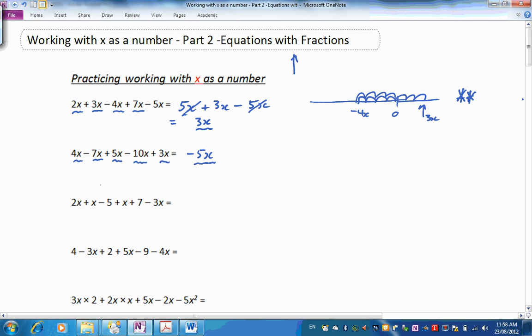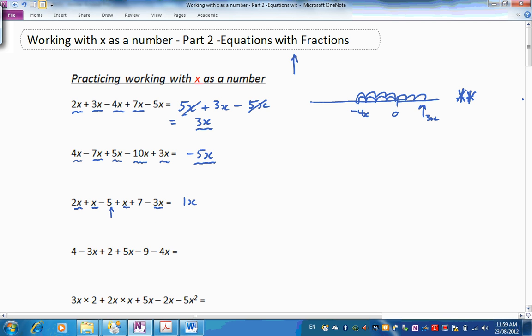Let's have a look at the next one now. There's 2x plus x is 3x. Oh, no, this is different. That's just a number. There's no x's there. Better leave that one. We've got 3x plus this x is 4x. Take 3x is 1x. Now let's go back and look at the numbers, because we can collect up the x's. They're all lots of the same missing number. X is standing for the missing number.